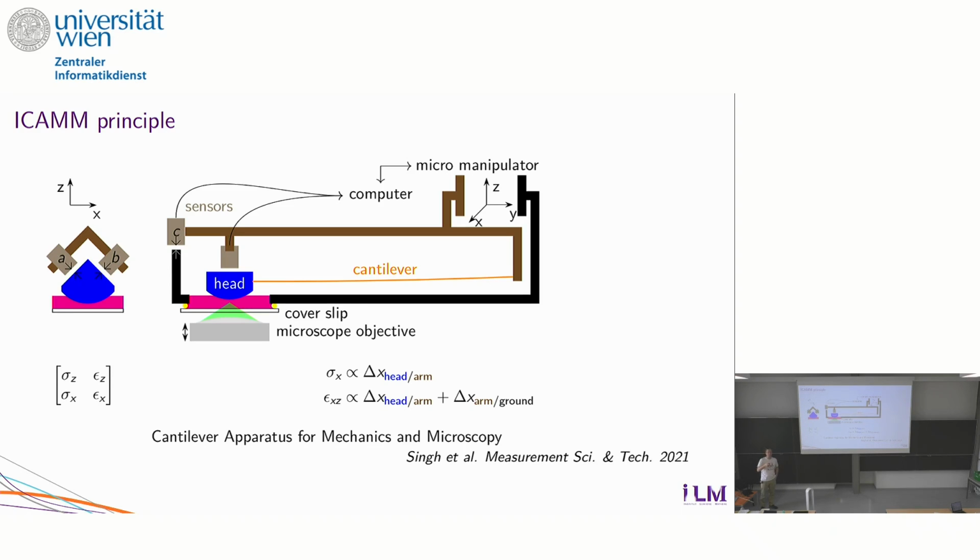And so we are in the mixed mode where we have control of the stress in the shear direction and control of the strain in the normal direction. But we can get then the normal stress and the shear strain like that.